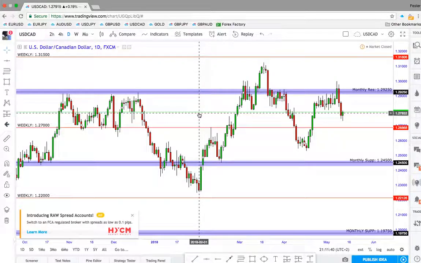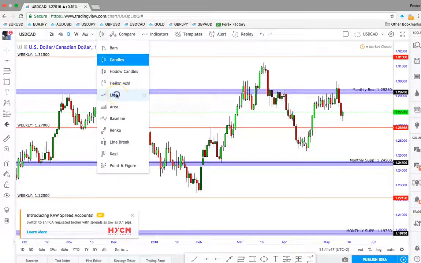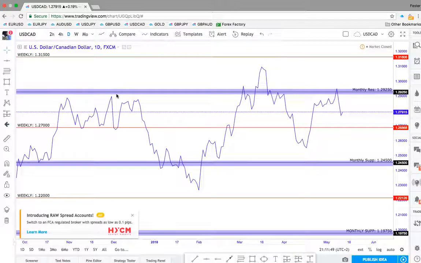So when we're looking at a chart like this, we're going to click on this button over here, candles, and then go to the line chart. Now, when you're on the line chart and you're holding your crosshairs, looking at the valleys and the peaks, you're going to want your chart to line up with what was a support and resistance level.